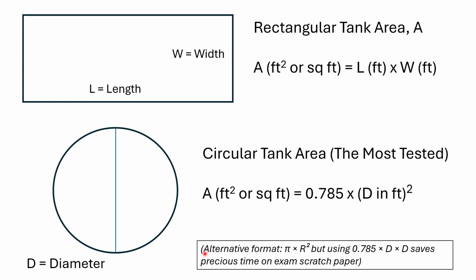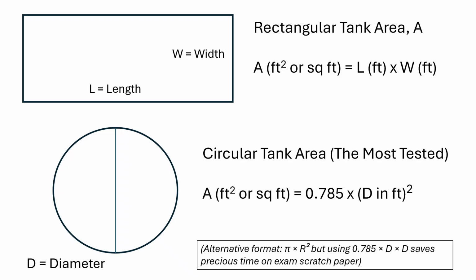And here's the thing. You can use pi r squared, but you're not going to be given a radius, so the odds of you making an error by using a diameter instead of a radius is pretty big. So you want to use, for your basic calculator, 0.785 times diameter squared, and that's going to give you some really quick results.